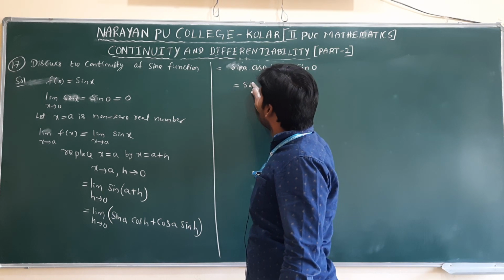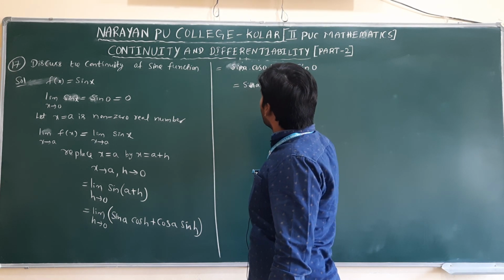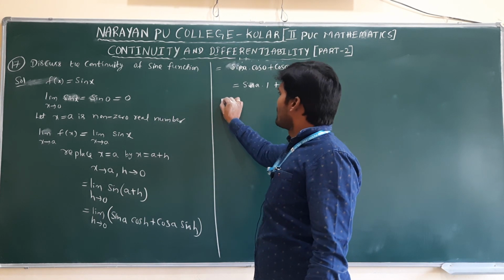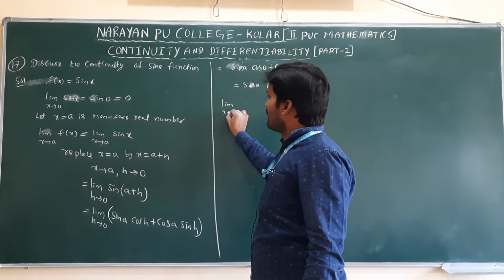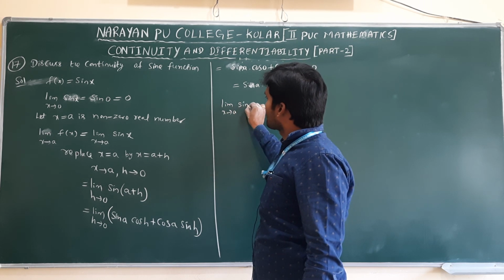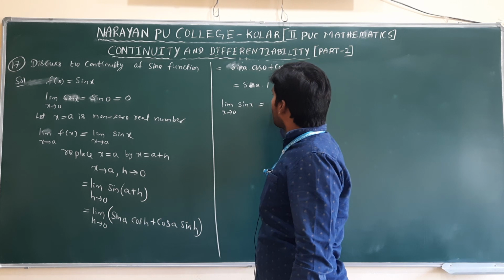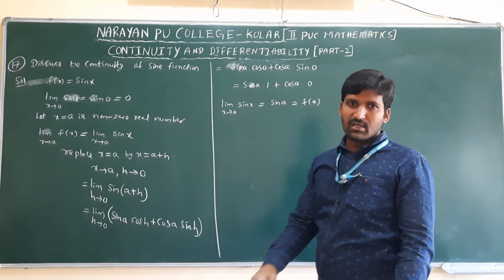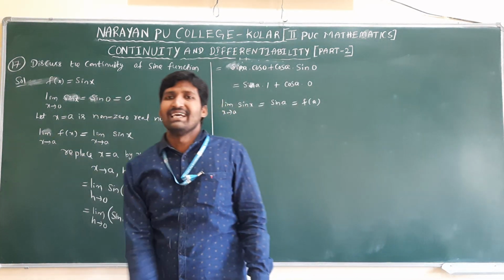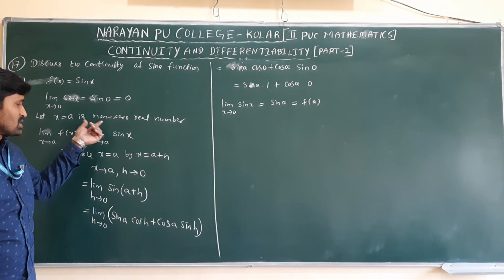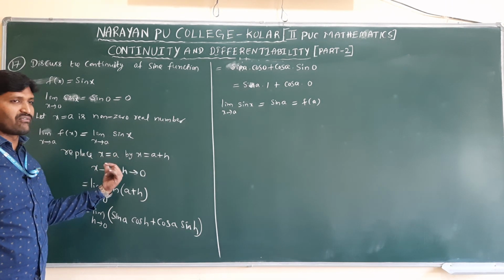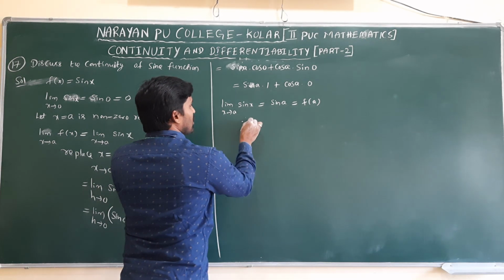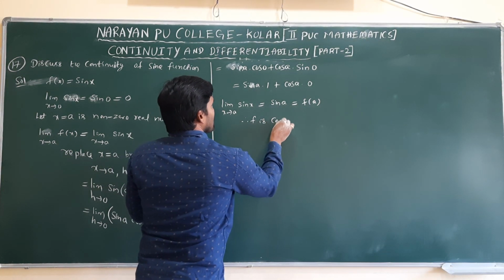Sin a into cos 0, which is 1, plus cos a into sin 0, which is 0. From this, limit x tends to a of sin x is equal to only sin a. This sin a is f of a directly. Directly substituting a in the function, we get sin a. Here I took a non-zero real number, so a negative gives negative values on the left side of that condition, and positive gives positive values. So both conditions are equal. Therefore, f is continuous.